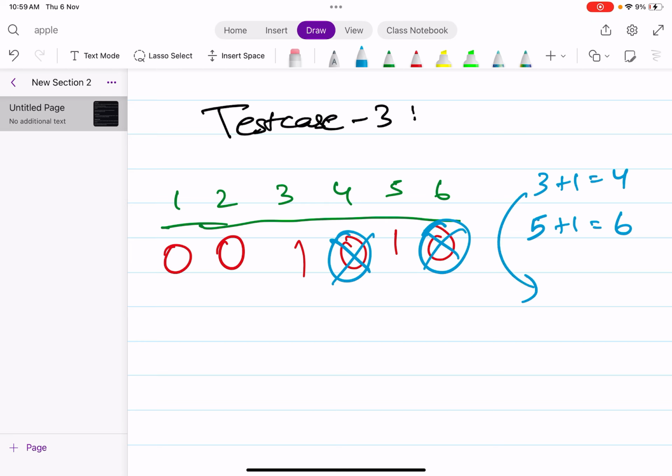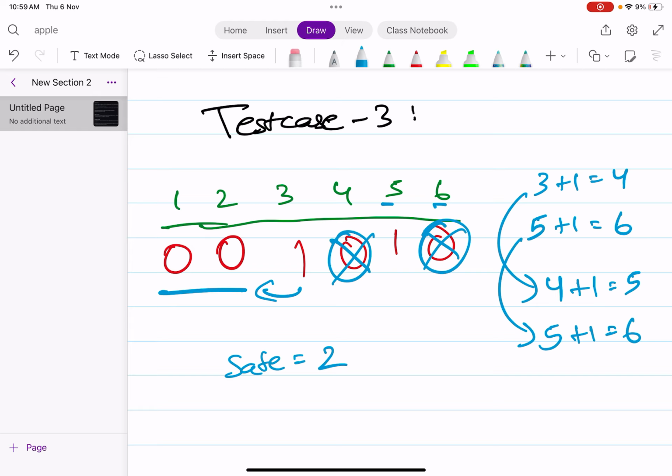Now the wolf at index 3 comes to 4, and the one at index 5 comes to 6, and they will look for the next adjacent ones. Since there are no more characters beyond index 6, the wolves cannot eat anybody right now, and hence in this case the number of safe birds is 2, those to the left-hand side.